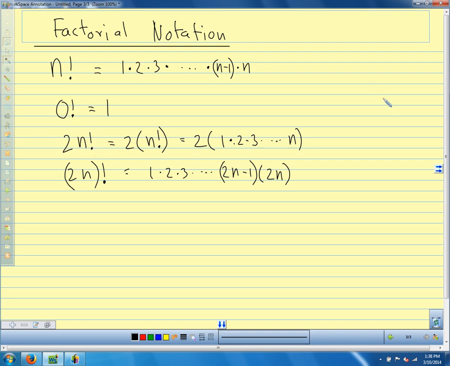So if we had a sequence whose rule had factorials, we would be able to write these out. But before we do that, I just want to look at some factorials. 0 factorial is 1.